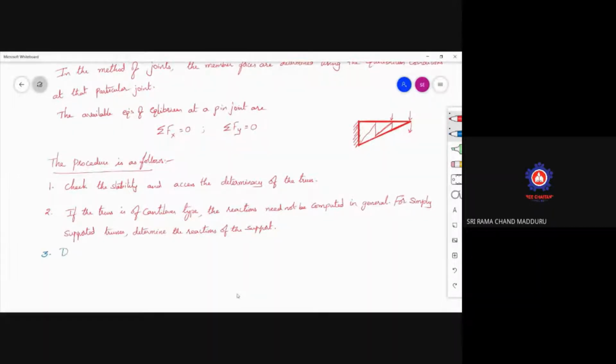Third one, draw the free body diagrams at each joint and analyze the member forces at the joint where only two member forces meet.